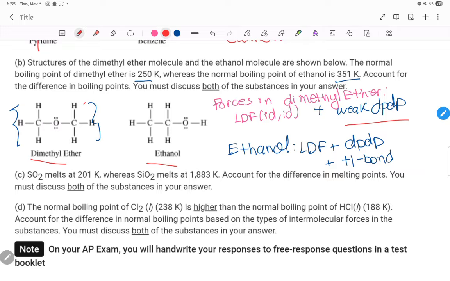So it should not be able to form a hydrogen bond. Whereas over here, it's very polar because it's asymmetrical, right? And the oxygen, being one of the three very electronegative atoms, will form a hydrogen bond. So that's why it also has a hydrogen bond.